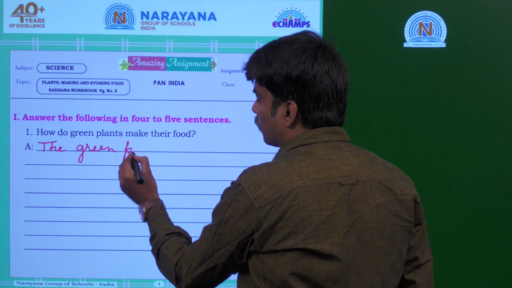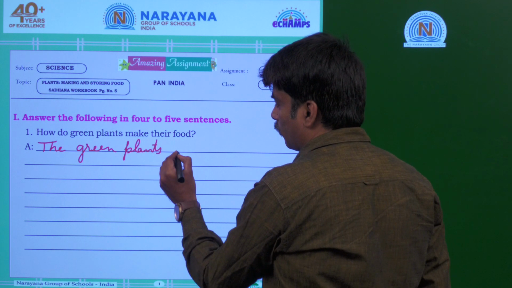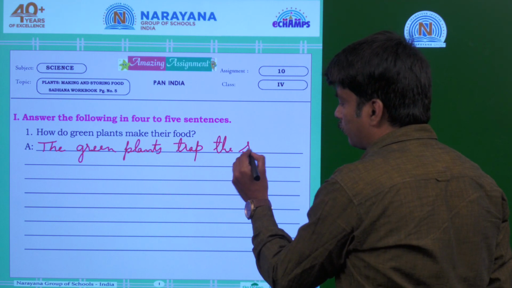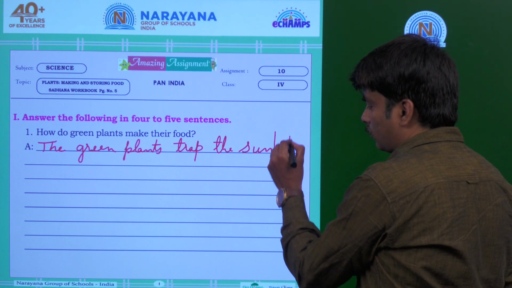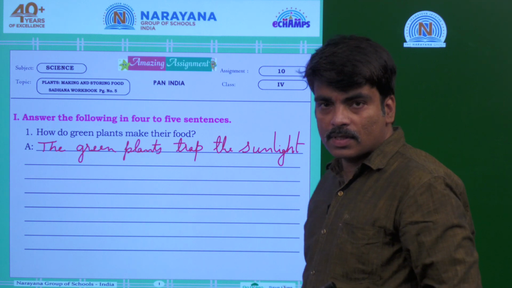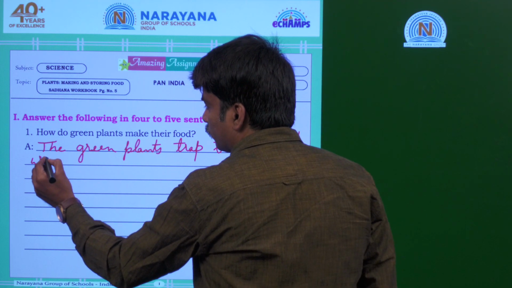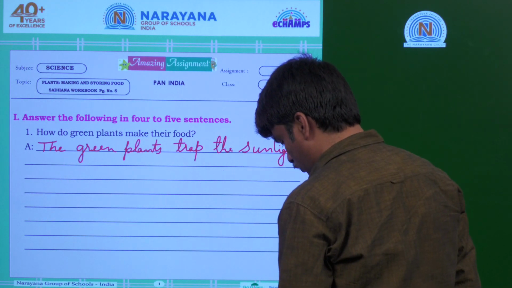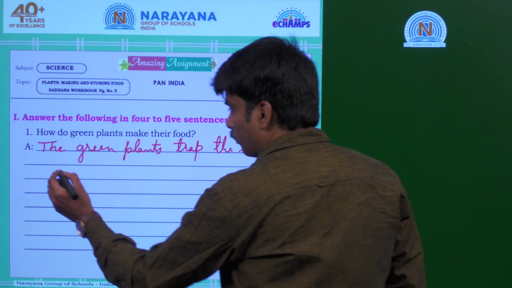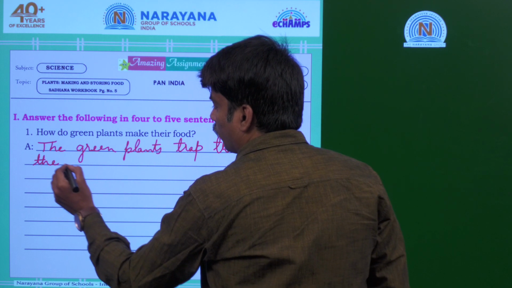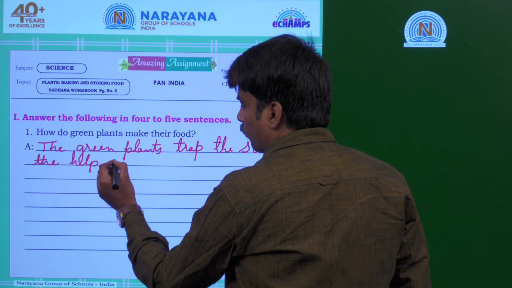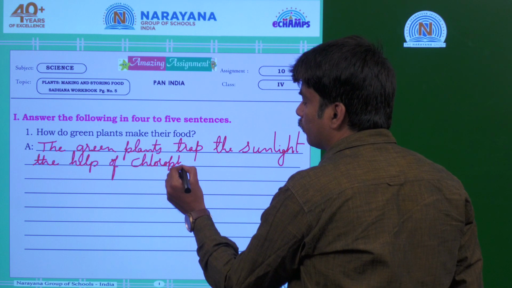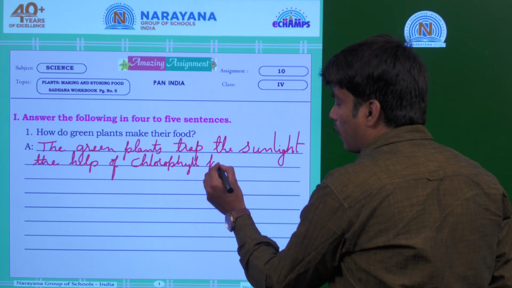The green plants trap the sunlight with the help of chlorophyll present in the leaves.